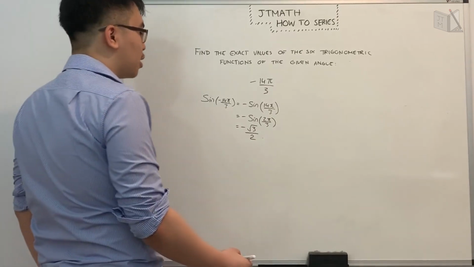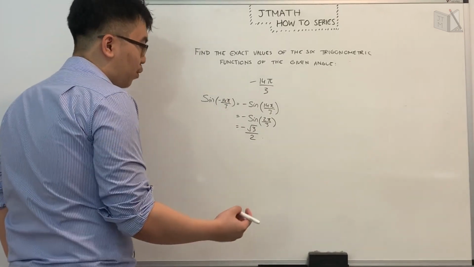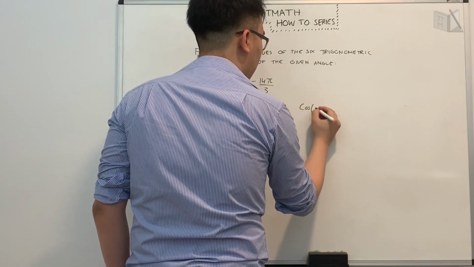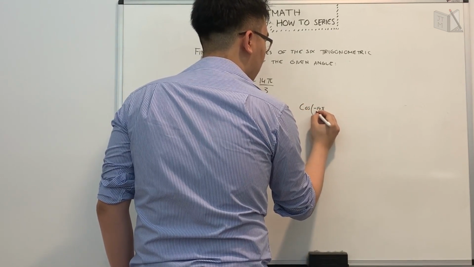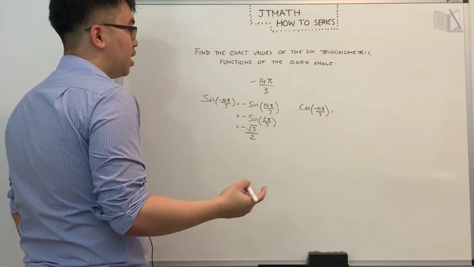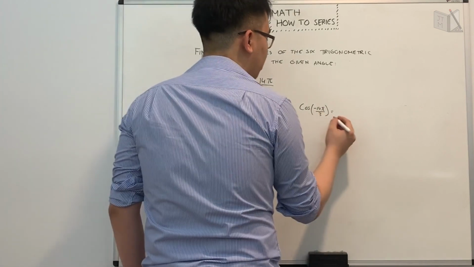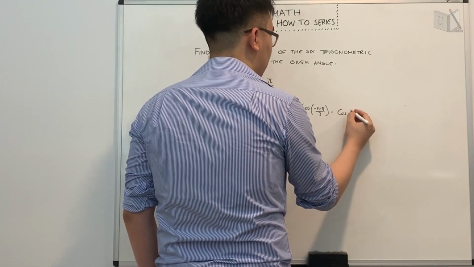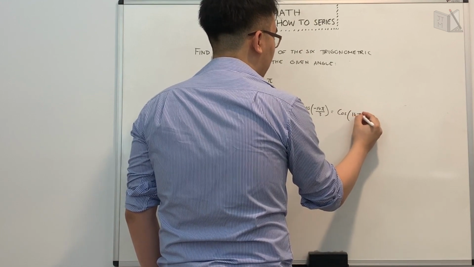Next we're going to find cosine of minus 14 pi over 3. The cosine function is even, so cosine of minus 14 pi over 3 is the same as cosine of 14 pi over 3.